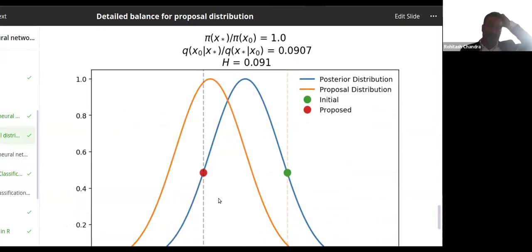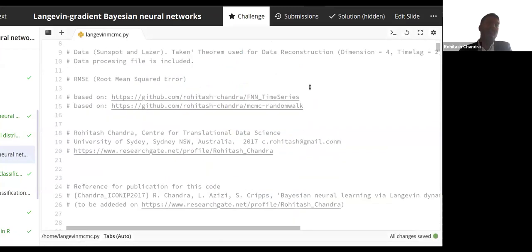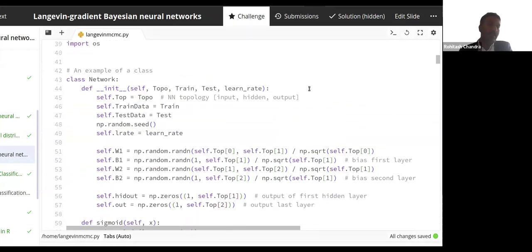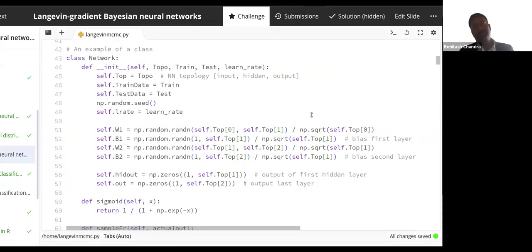Sample 4, 5, it becomes this. It depends because your step size is changing because of differences in the gradient. And you do not know where and how effectively you are traversing the distribution. And hence you need to account for that using the Q ratio.